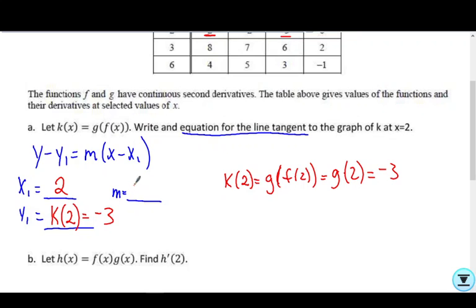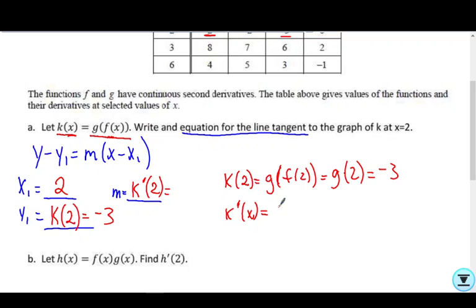Next, I need the slope, so I need k prime at 2. First I need to find k prime of x. Well, k of x is g of f of x. This is explicitly a function inside of another function, so when I take the derivative, I have to use the chain rule.